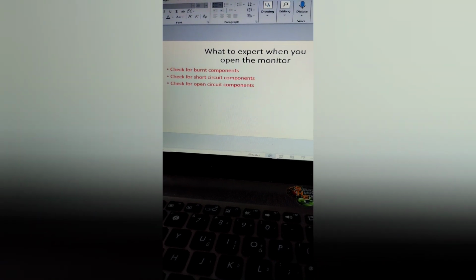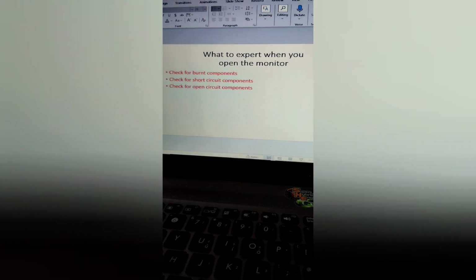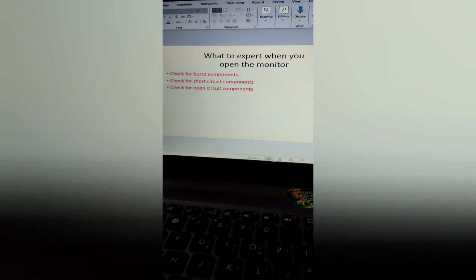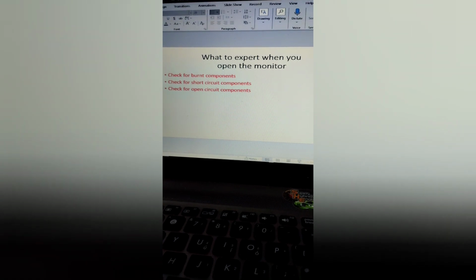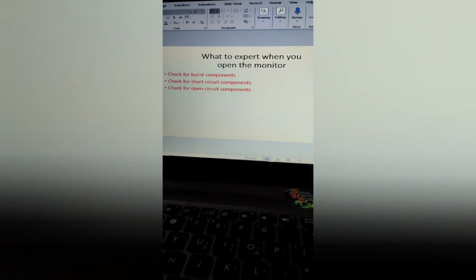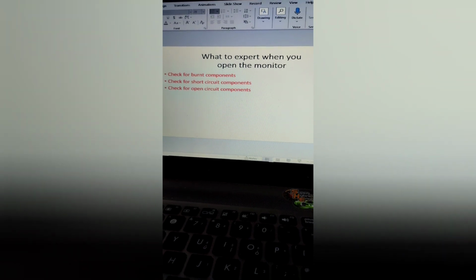perfectly again. Another thing that you have to look out for are the electrolytic capacitors. Most of the time when you open the monitor, you see that the electrolytic capacitor is either bulgy or it has bent out. So when you find out that this is the problem, you change it and then your system will work perfectly again.